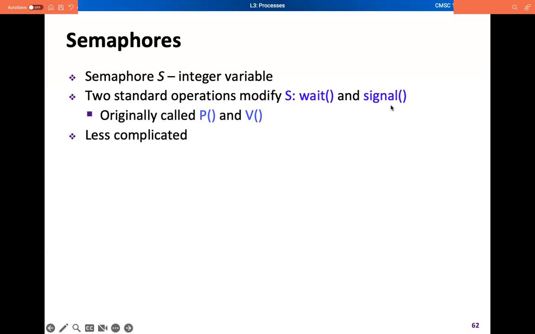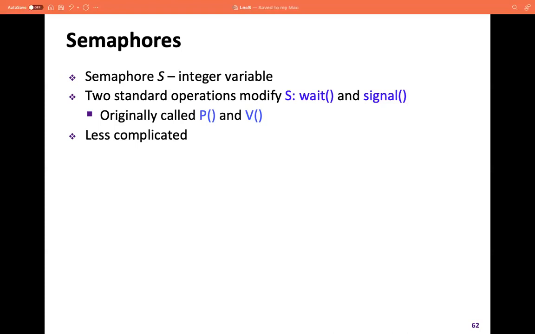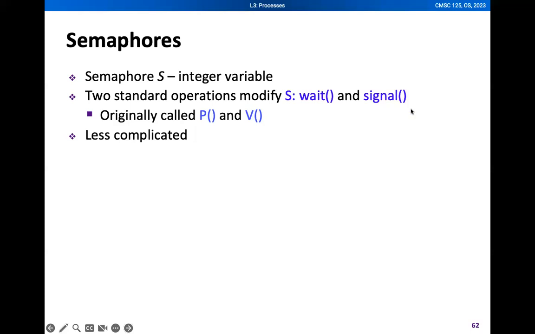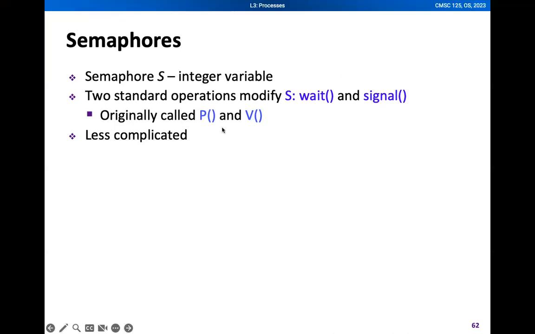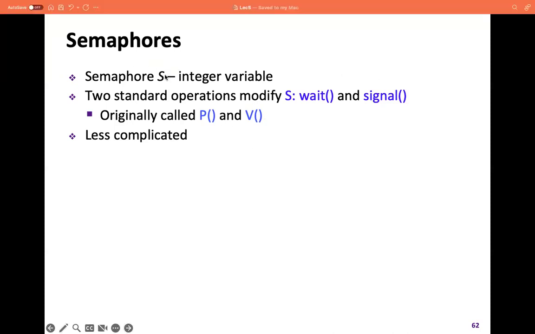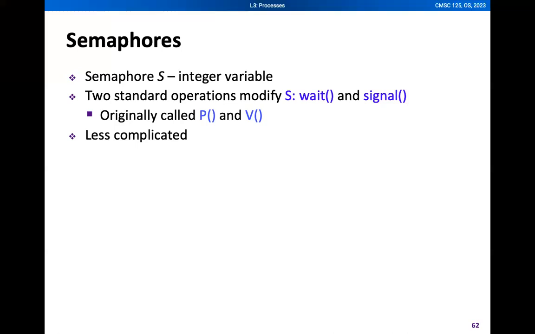Signal, on the other hand, was originally called V, which stands for Verhogen, or I don't know how to pronounce it exactly, but it means to increment. So once a certain process has released a certain resource, we can increment our semaphore S by one to indicate that that resource is already available.